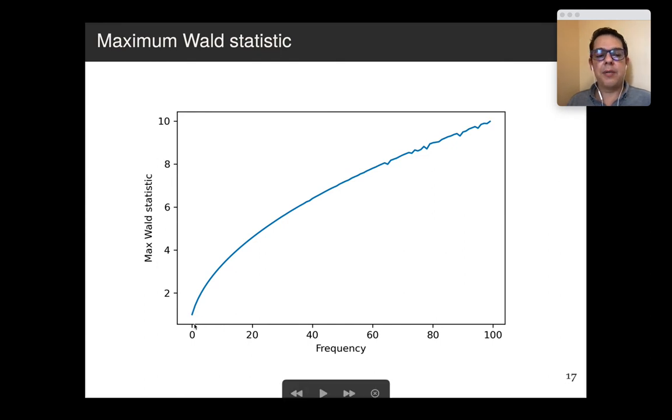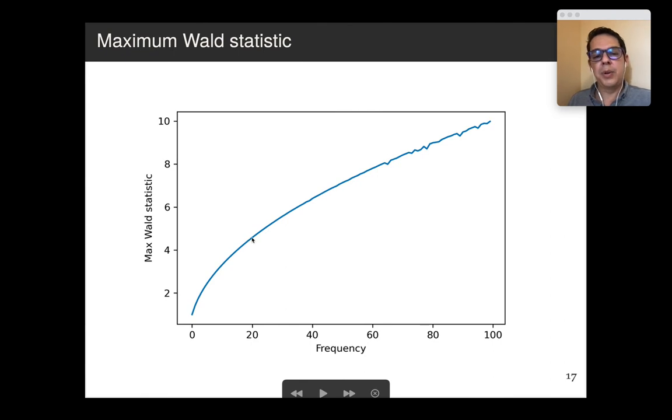For example, I collect in frequency 1 all the words that appear only one time in the whole corpus, and compute for all those words the Wald statistic, and then take the maximum value, and I plot it here, which is the maximum value of all the words that have a frequency of 1, and then move to frequency of 2 and do the same thing, and so on, up to a frequency of 20.